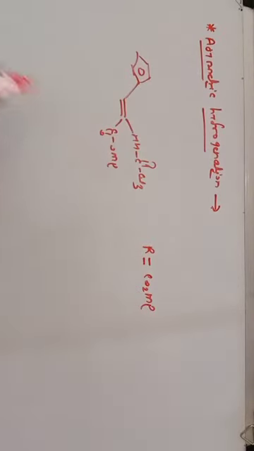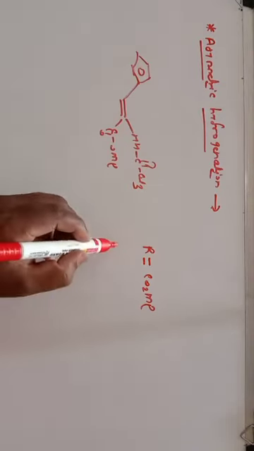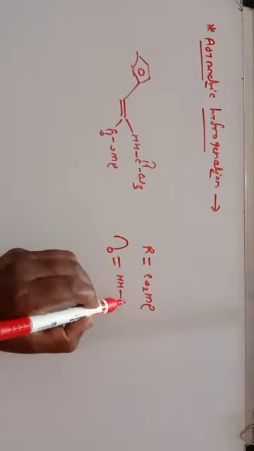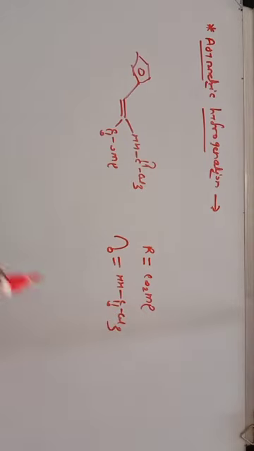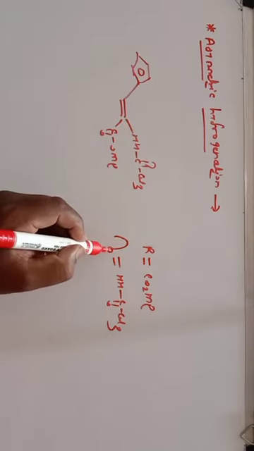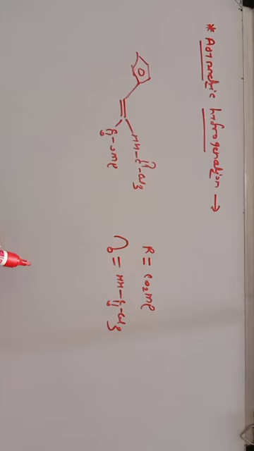So whatever the group C double bond OMe is, we denote only R. Then the NH C double bond O CH3 group we denote as a half circle, a curve with a small circle.